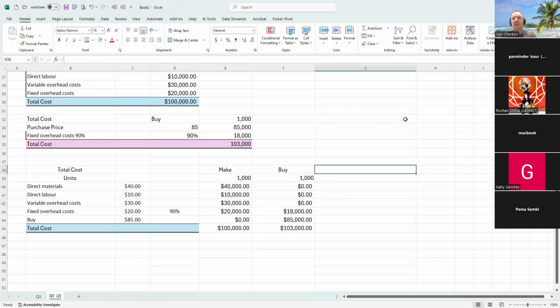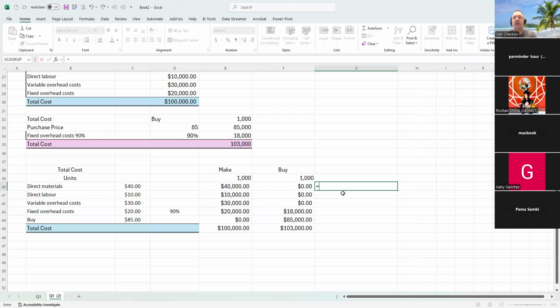The last column is the differences, or our incremental analysis. If I make it, what's my cost saving? I can save this one minus that one. That will be my cost savings. Make sense?